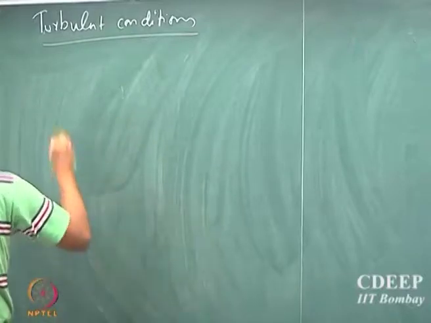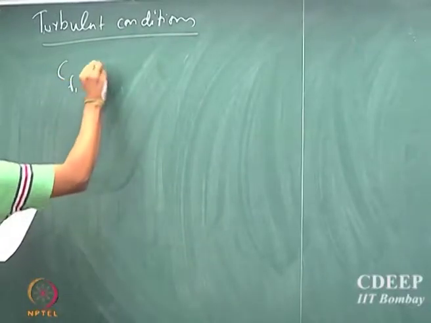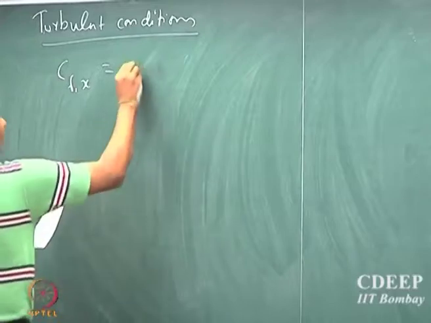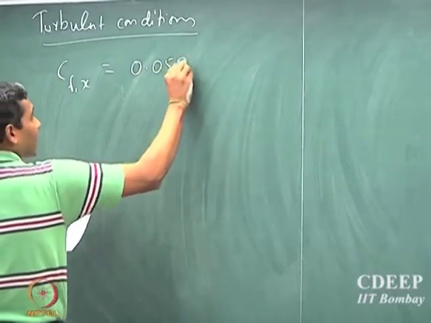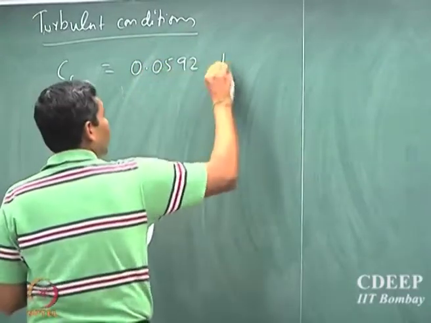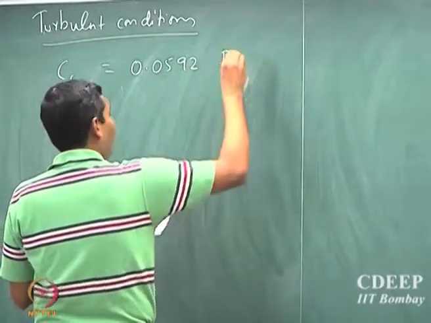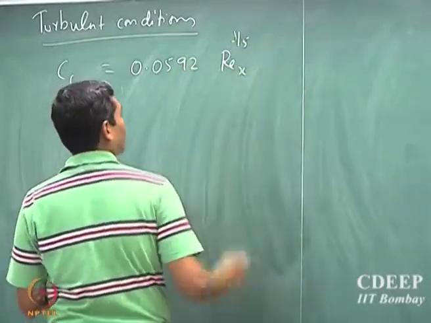One could get similar expressions for turbulent conditions. So, the friction coefficient will be 0.0592 into Reynolds number to the power of minus 1 by 5.